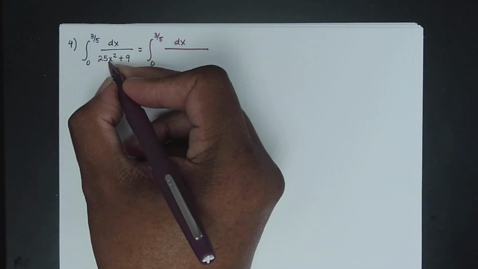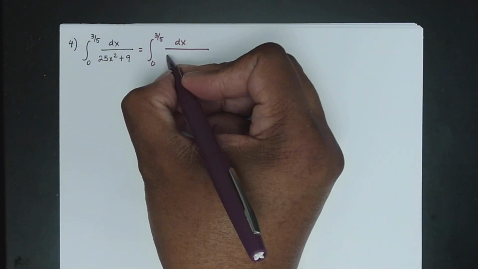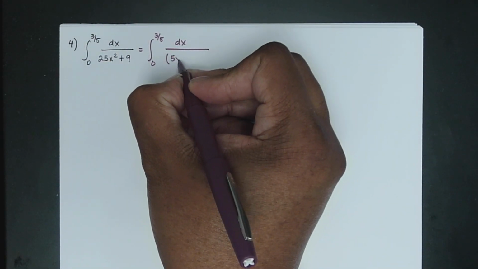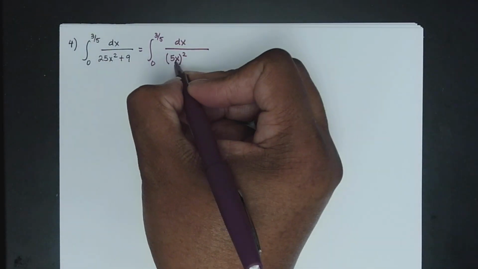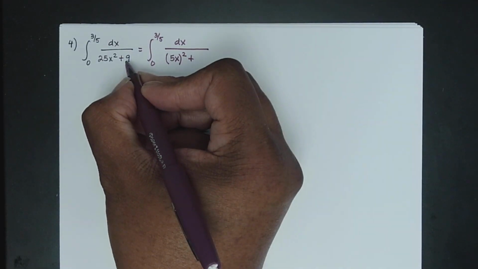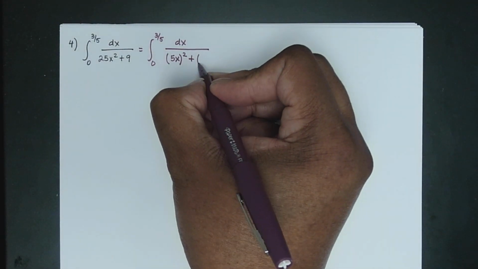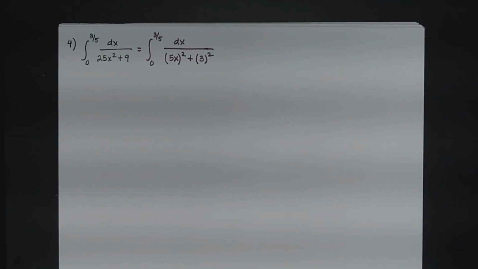I'm going to rewrite 25x squared by thinking about this. What squared gives me 25x squared? Has to be 5x. 5 squared gives you 25, x squared would give you x squared. Plus, that 9 is a perfect square. We have to think of what number squared gives you 9. In this case, it's going to be 3.